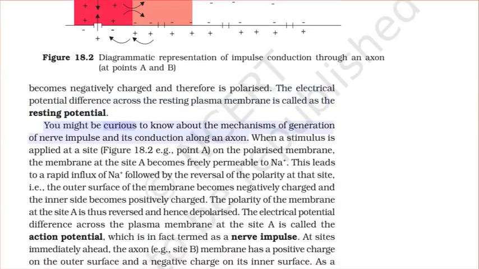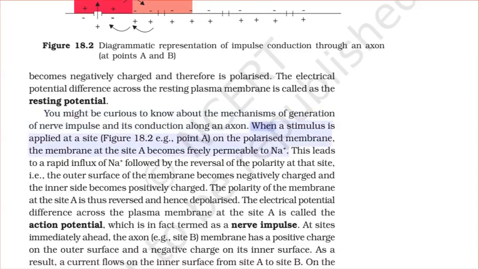You might be curious to know about the mechanisms of generation of a nerve impulse and its conduction along an axon. When a stimulus is applied at a site, for example point A, on the polarized membrane, the membrane at site A becomes freely permeable to Na+.